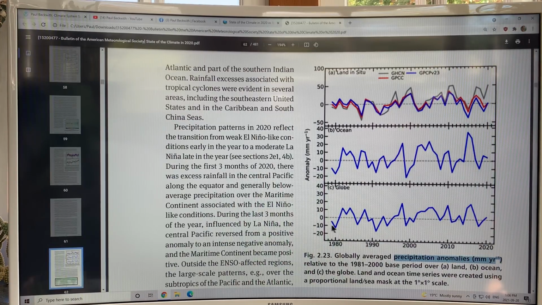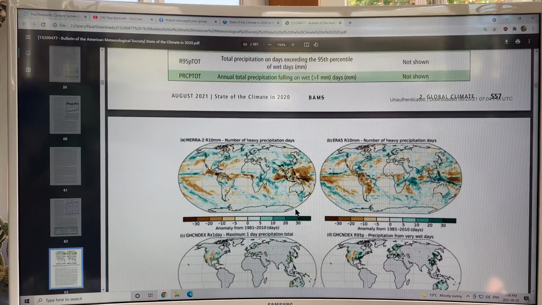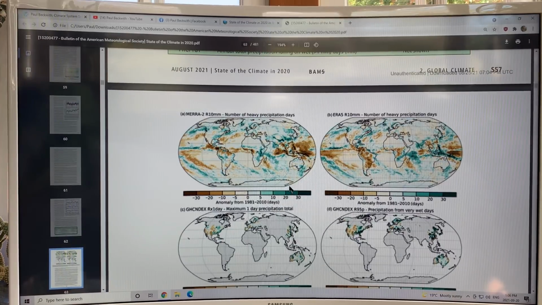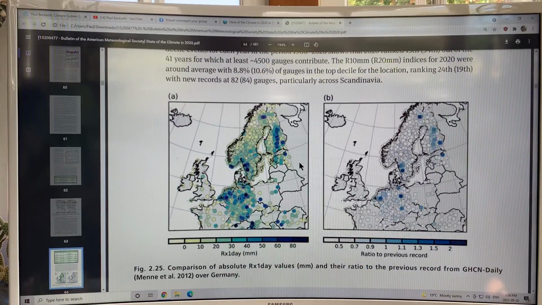So you could argue maybe a slight increase in global precipitation, but not too much. And this is the number of heavy precipitation days, decreasing here, increasing over a lot of the land areas. Those plots I won't delve into much more.